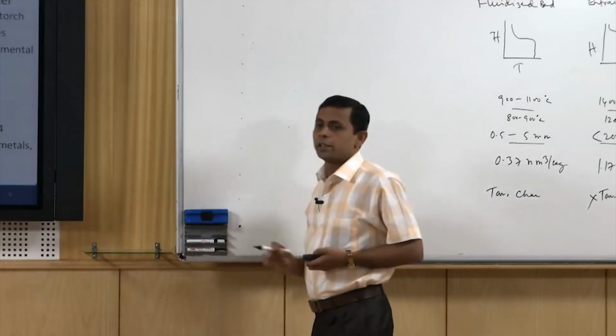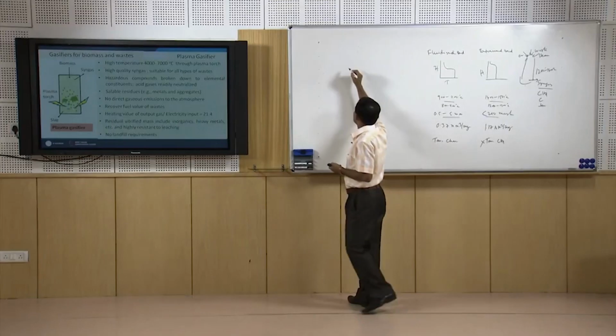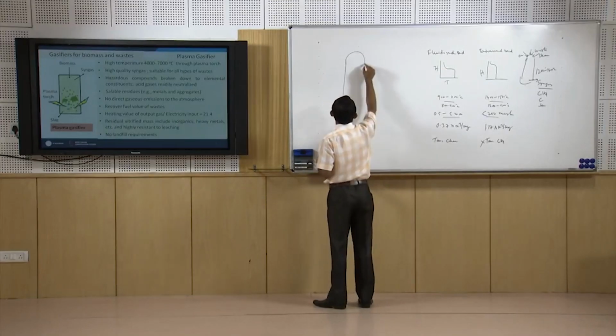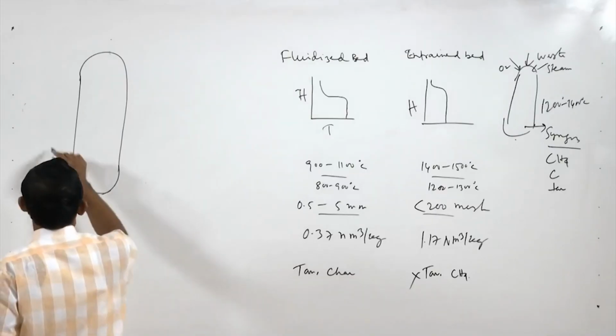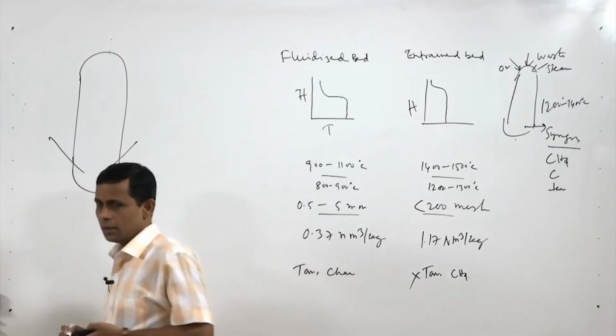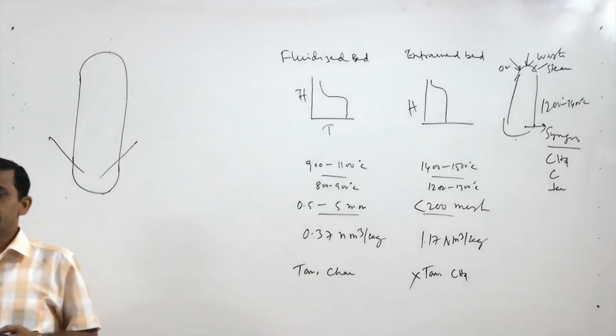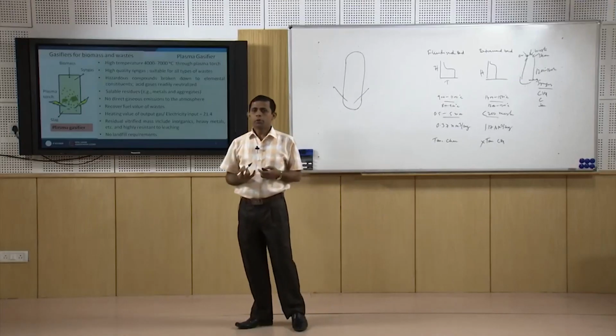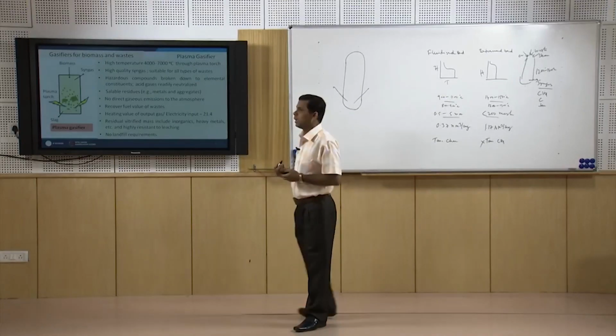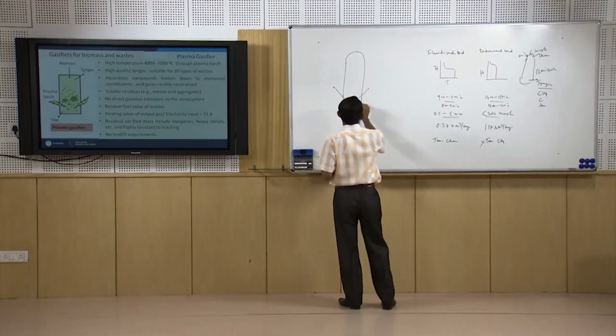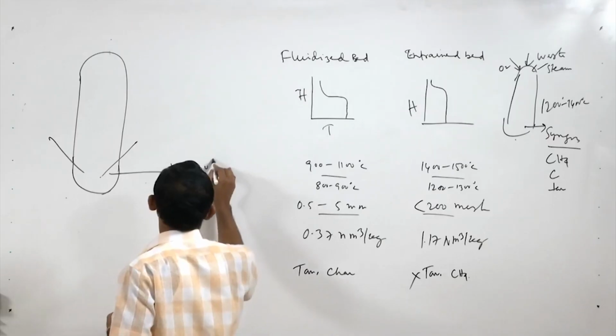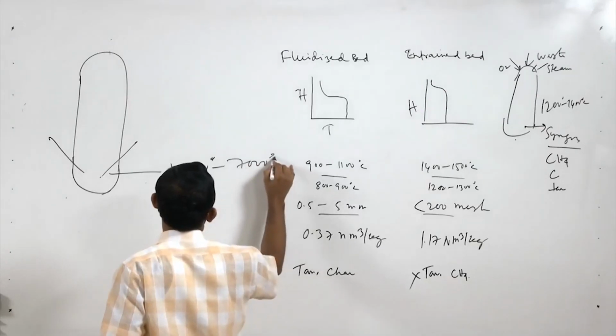Instead, we need to give some high voltage across two electrodes. This high voltage produces a plasma torch, and that creates very high temperature here, say 4000 degree centigrade to 7000 degree centigrade.